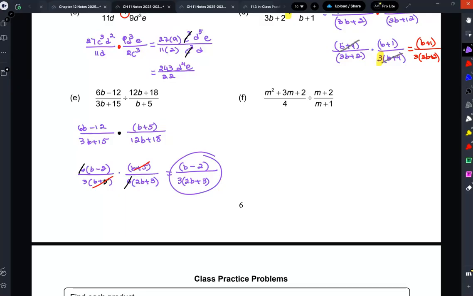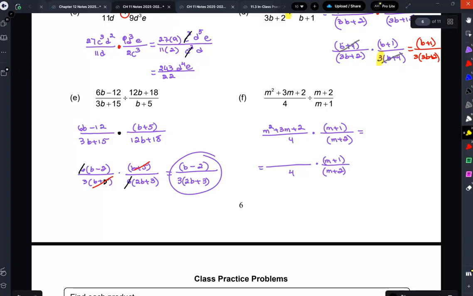Yeah. Okay, this one. m squared plus 3m plus 2 over 4 times m plus 1, m plus 2. Okay, we're going to factor this. Kai, help me factor this one. m plus 1 and m plus... Yeah, you're right.